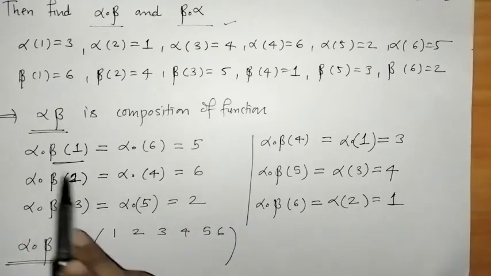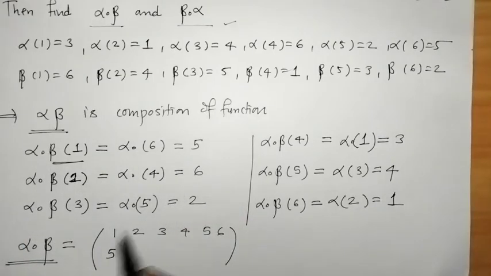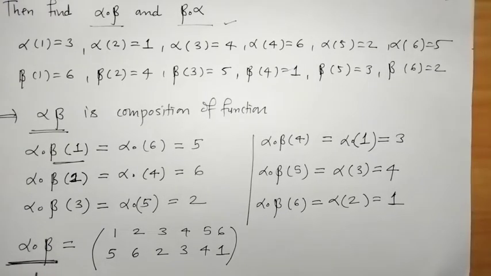So this is 5, 6, 2, 3, 4, 1. So we have found this composition alpha beta.